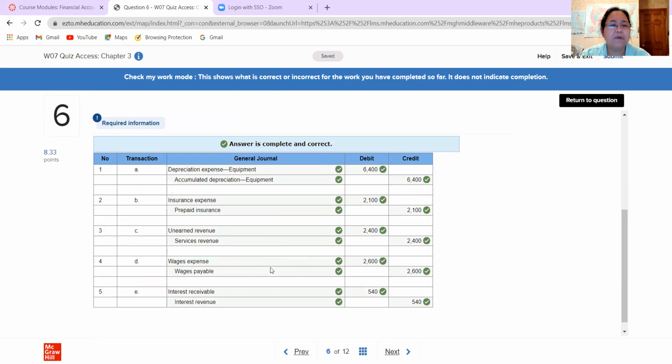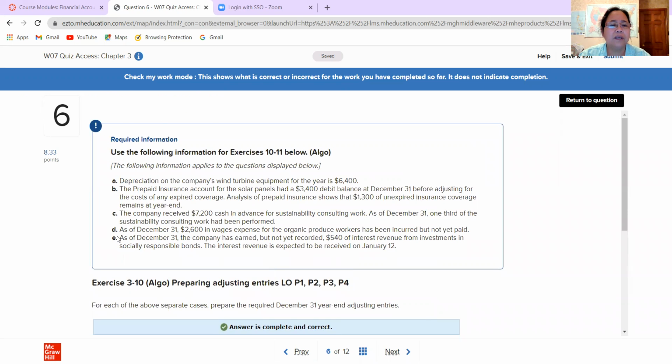And then number 4, the letter D, transaction D, as of December 31st, 2,600 in wages expense for the organic produce workers has been incurred but not yet paid.